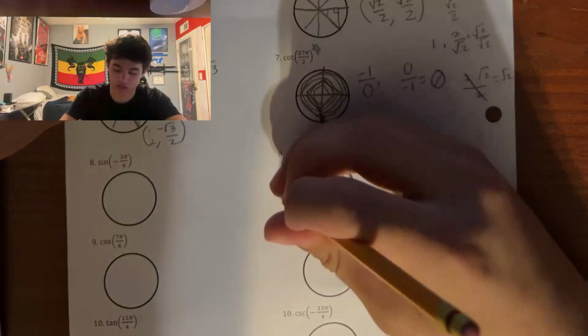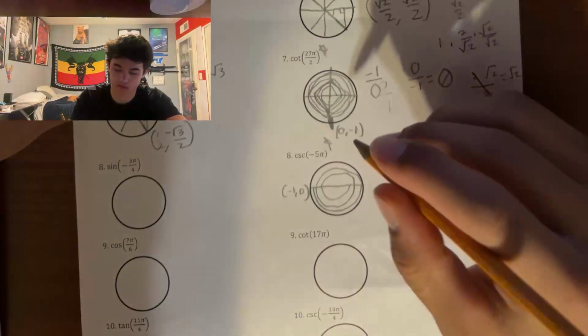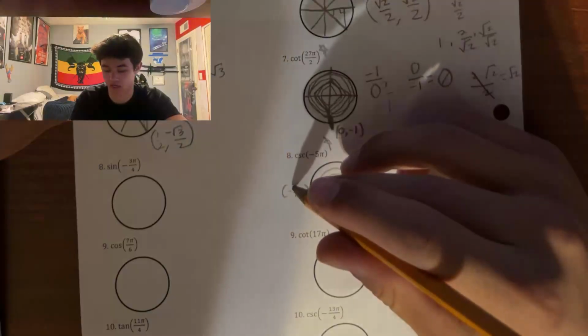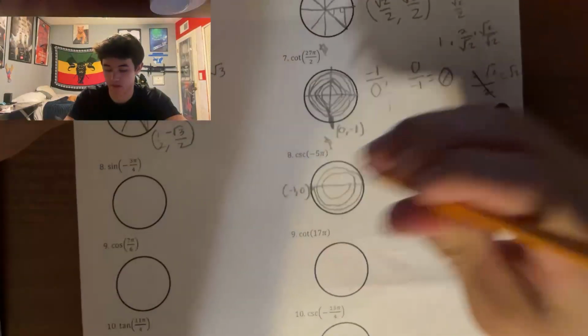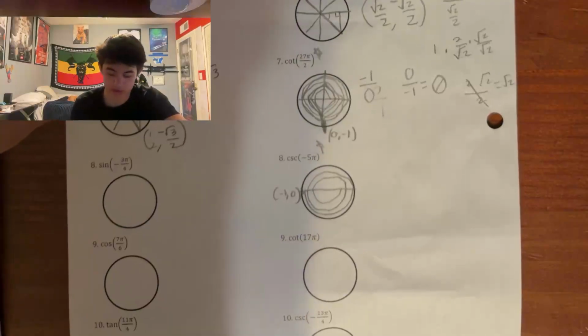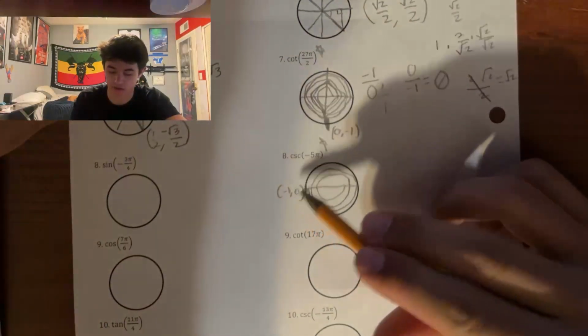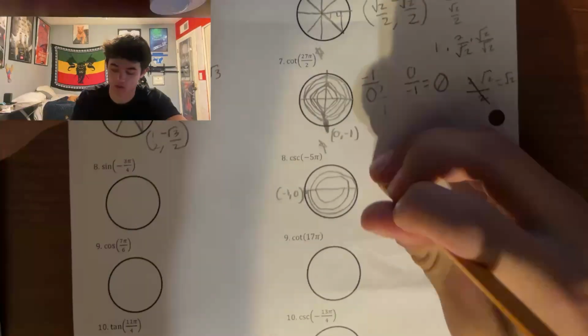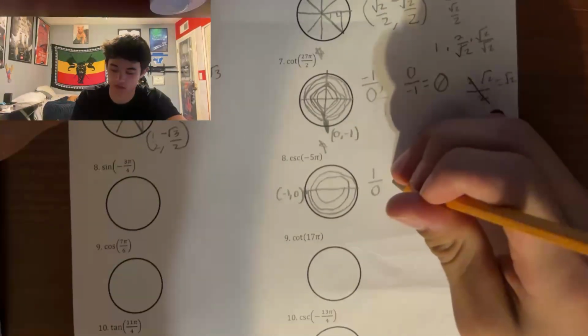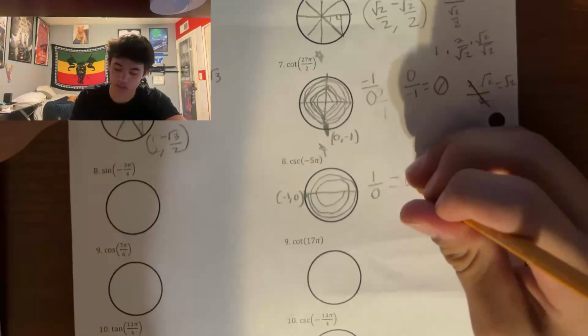So the coordinate here is -1, 0, I believe. Yep. And now we're just going to do what we always do. Cosecant is 1 over sine. Sine is the y value. So 1 over 0. And 1 over 0, you can't do that. So this is undefined.